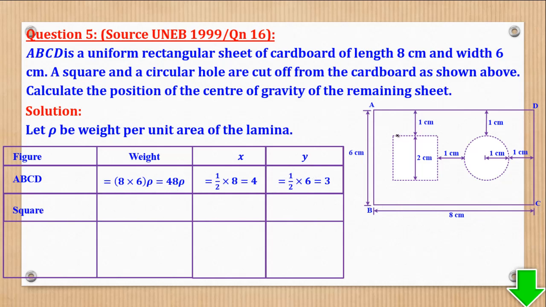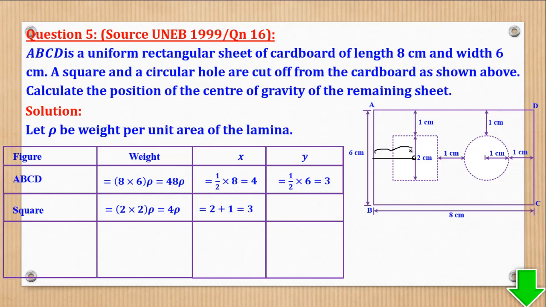Then for the square, the area is 2 times 2 times rho to get the weight, which is 4 rho. Then the x coordinate from here up to here.